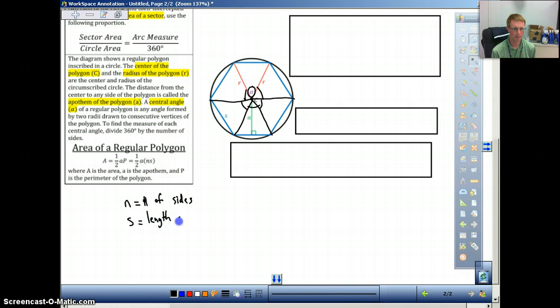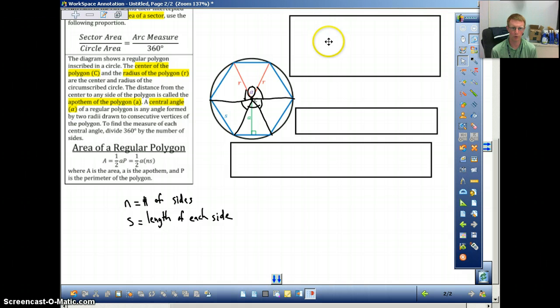That's the same thing as the perimeter. So we need to know the apothem and the sides. The radius can be important too, and it may come up in a minute. Let's talk about how this works. You want to be able to write these down. I'm going to go through these pretty quickly, but if you want to pause the video and copy them down, you can.